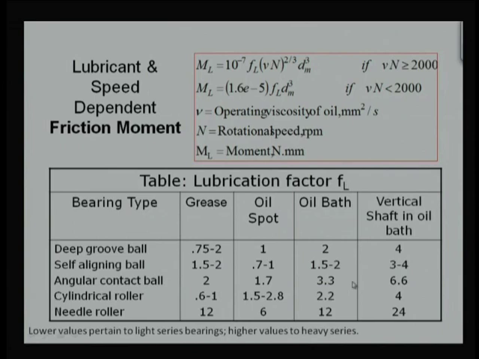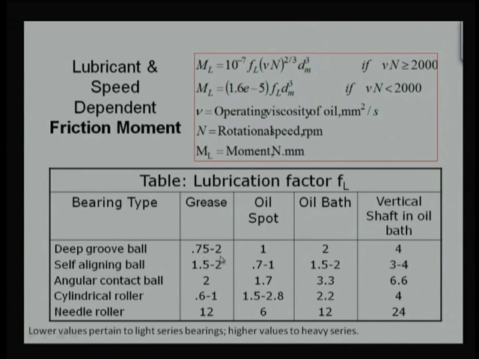Now for finding the value of f_L, we have a number of tables available in the catalogs and even in books on rolling element bearings. We can find and use that value of f_L. For the present lecture, I am using these values only. You can see that for the deep groove ball bearing, this value ranges between 0.75 and 2. The question comes: what is the meaning of 0.75 and what is the meaning of 2?